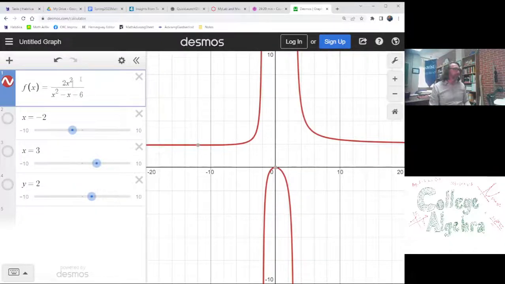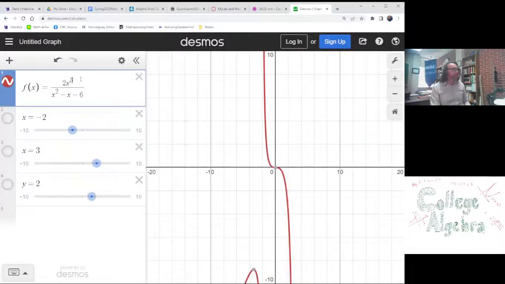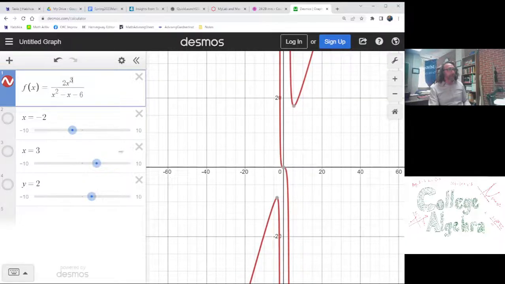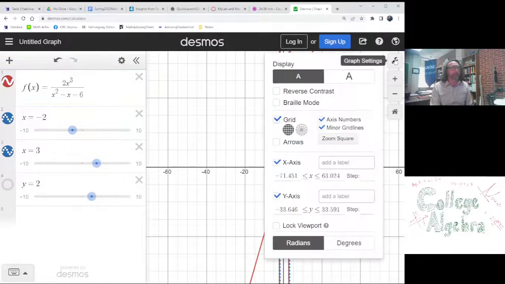Tell you what, I'll just bump it up, 2x cubed. Okay, I really need to zoom out to see what's happening. Okay, notice I still have my vertical asymptotes there, but this graph isn't flattening out anymore. Okay, let me change my view here.